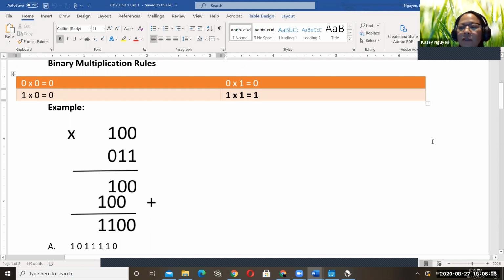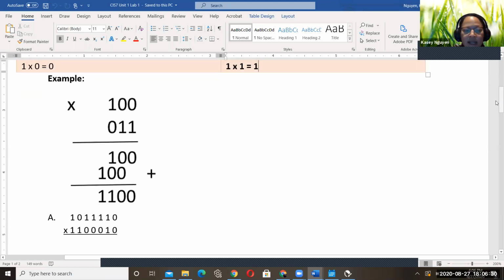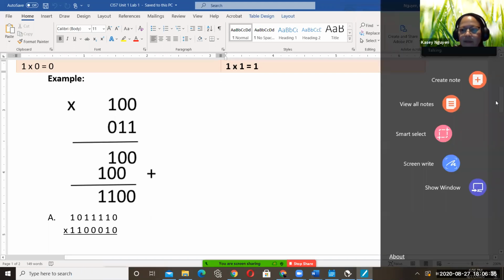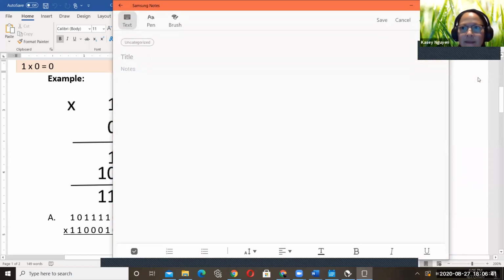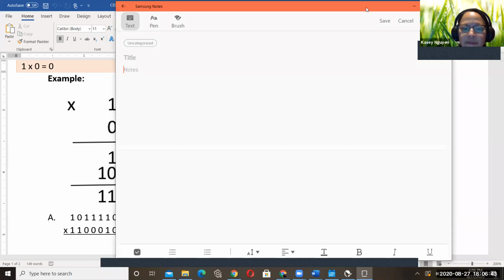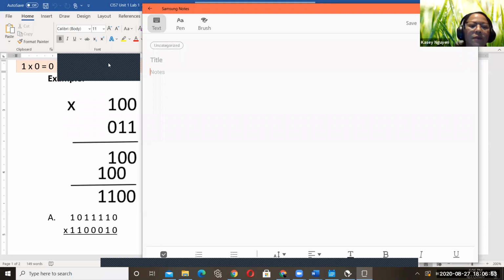Okay, so now what we're going to do is attempt A. I'm going to go ahead and open my notes real quick. So we're going to rewrite this.